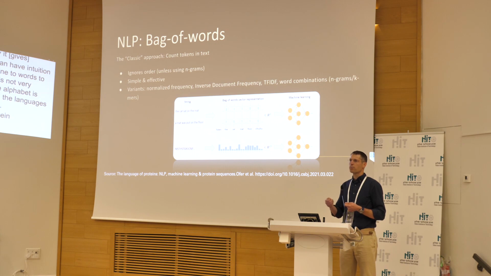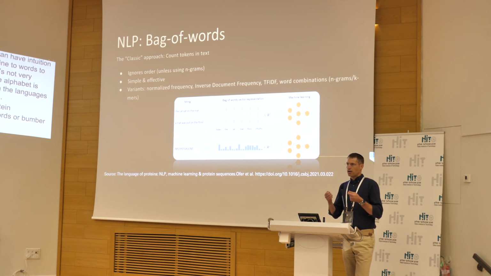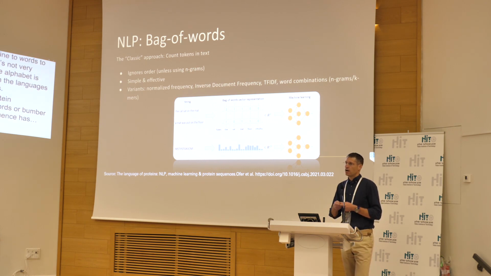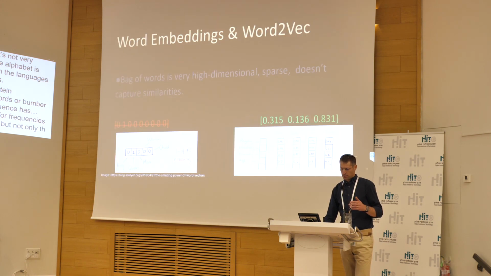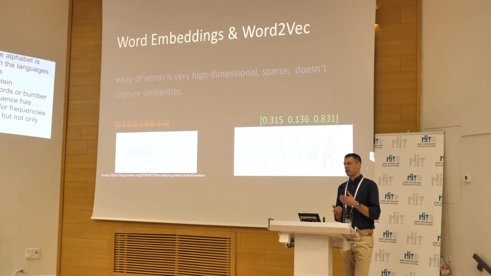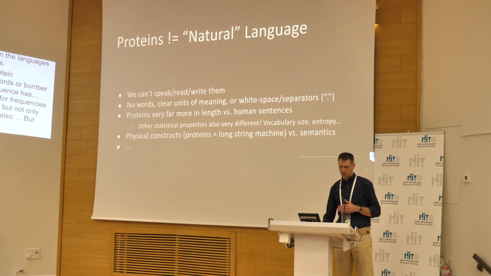I'm just counting the number of words, or the number of amino acids, that each sequence has, and then representing each sequence, or each protein, as a fixed-length vector of features. We can also go into a higher dimension, not only individual amino acids but also n-grams, etc. Beyond bag of words, there are also embedding methods like word2vec that were also used for protein sequences.